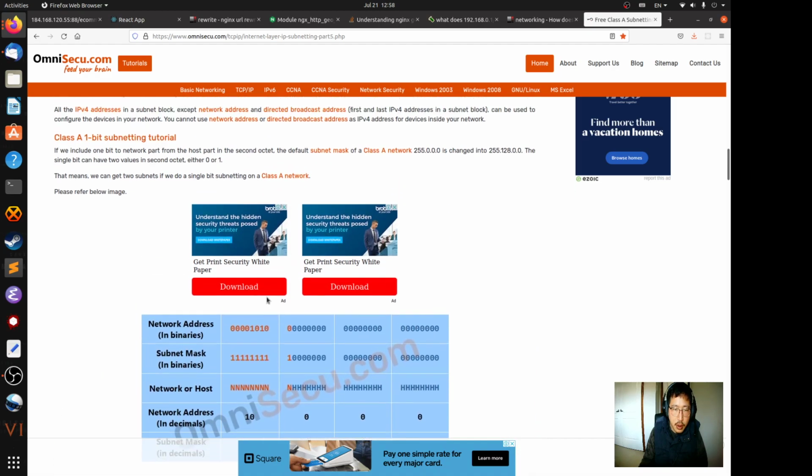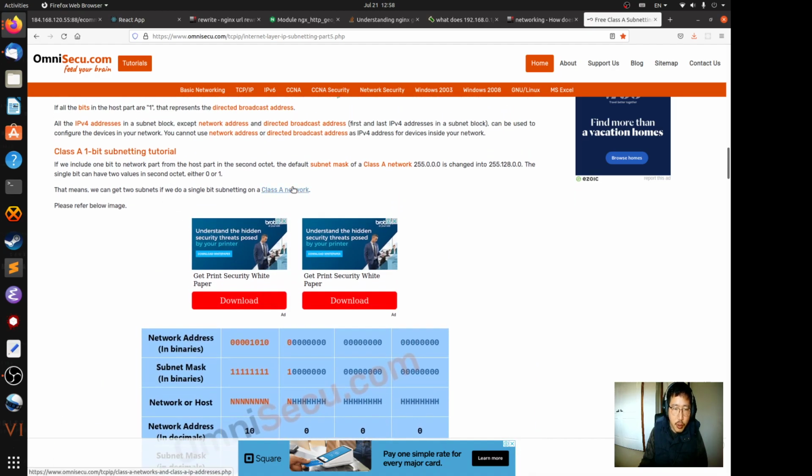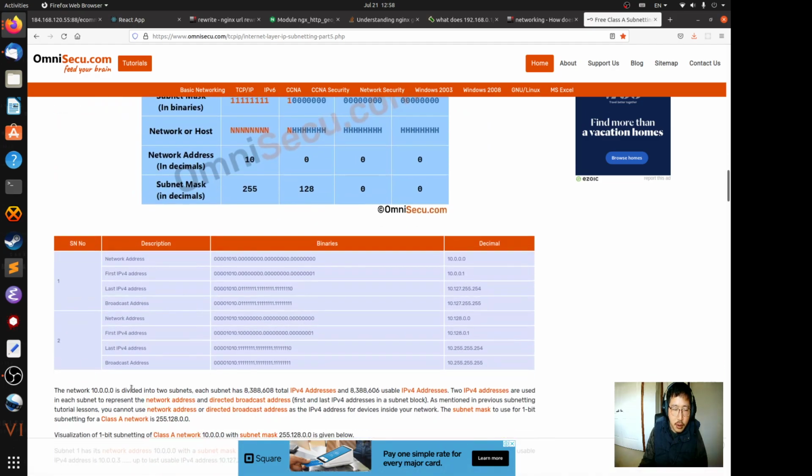Because here we borrowed 1 digit from the host to act as a network placeholder. So this 1 digit can have two values, either 0 or 1. That's why we have two subnets now, or two networks.